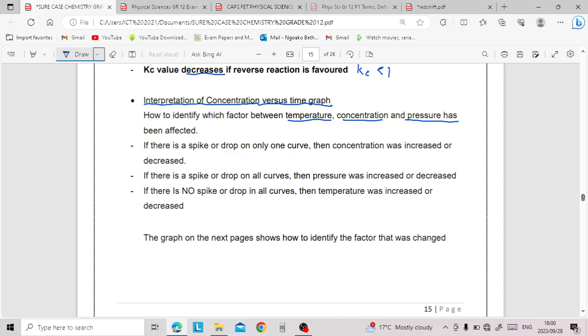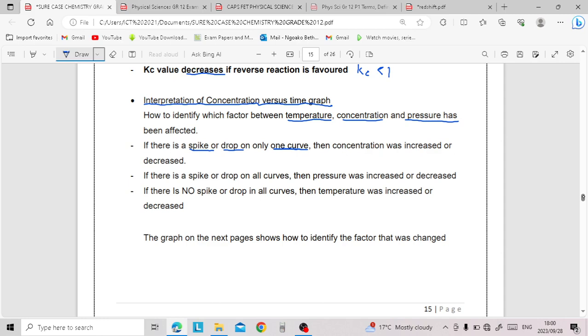How do we see the key factor that changes the equilibrium? Now, here is what they say: if there is a spike or drop on only one curve, then the concentration was increased or decreased. So what is a spike or drop?